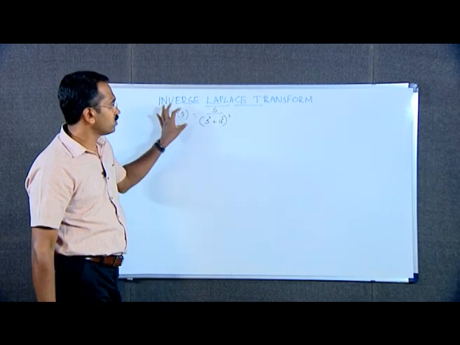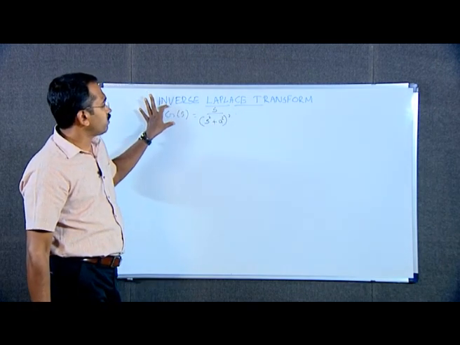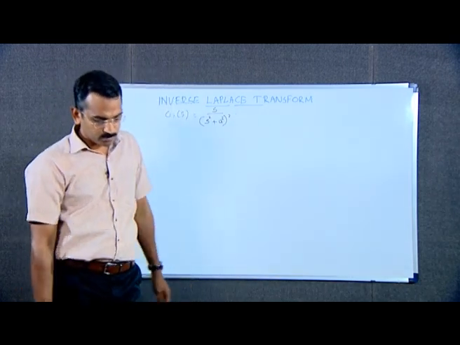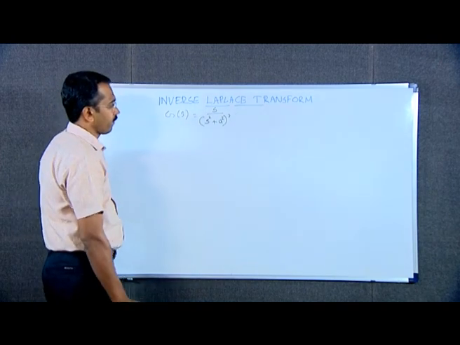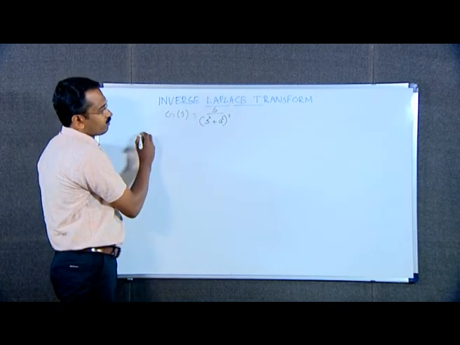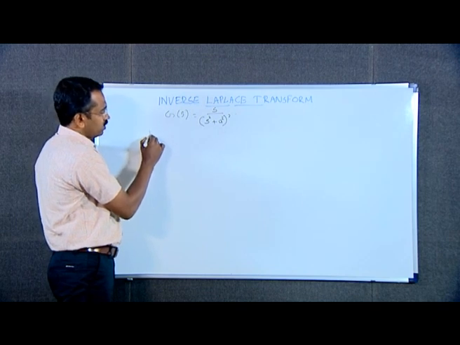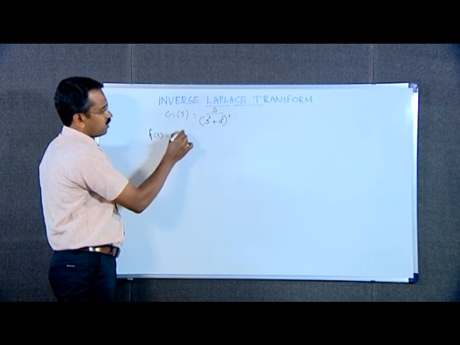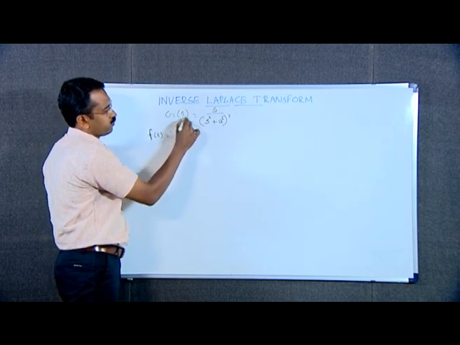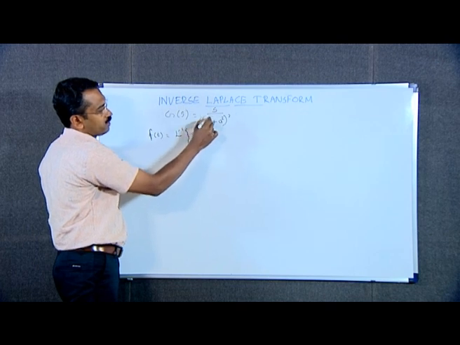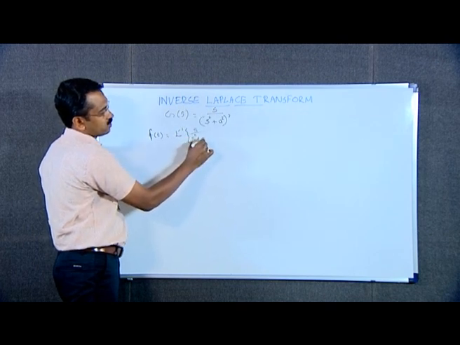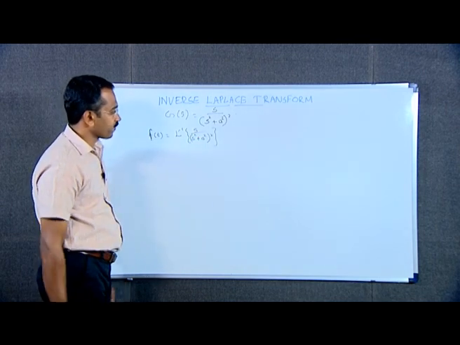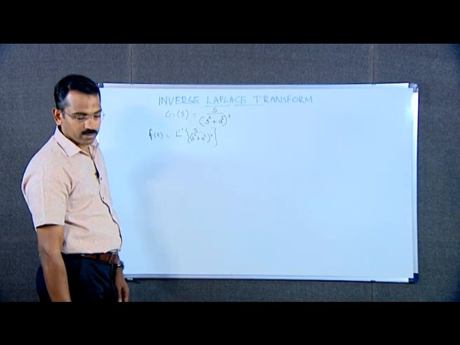We have to find the inverse Laplace transform of this function g of s. Let us use f of t as the inverse Laplace transform of this function. We denote L inverse of s by s square plus a square the whole square by f of t. Then we have to find f of t.